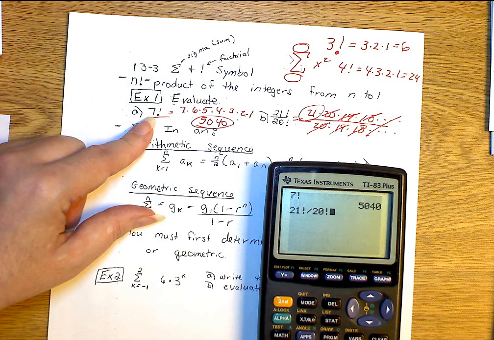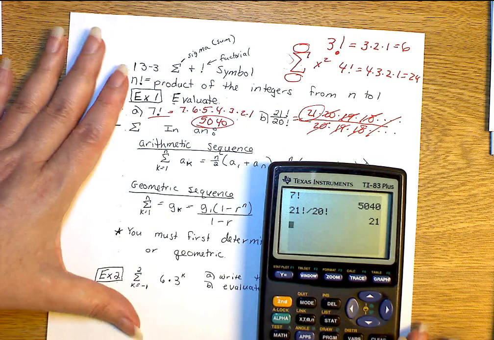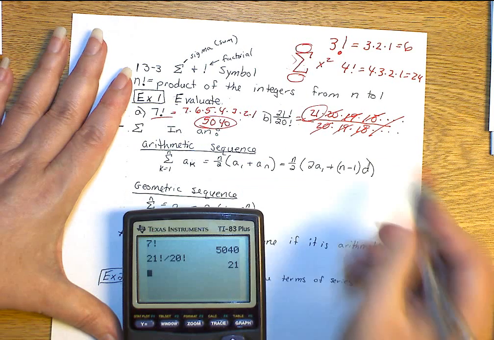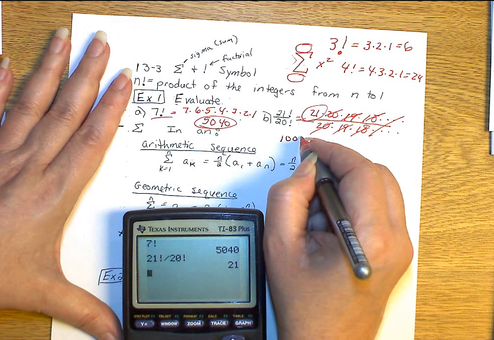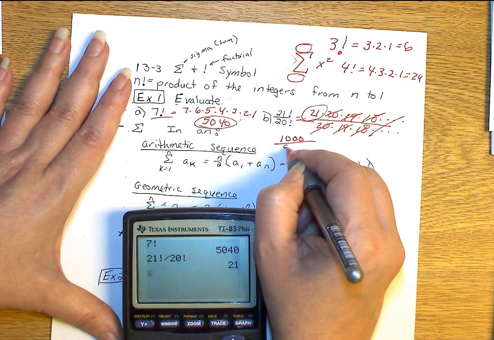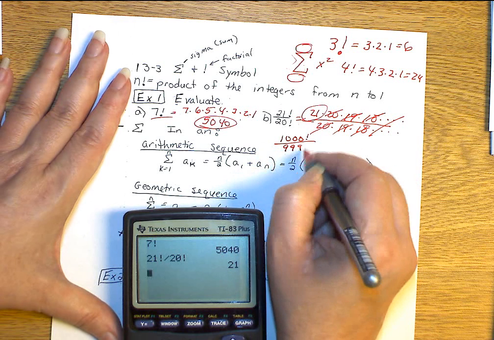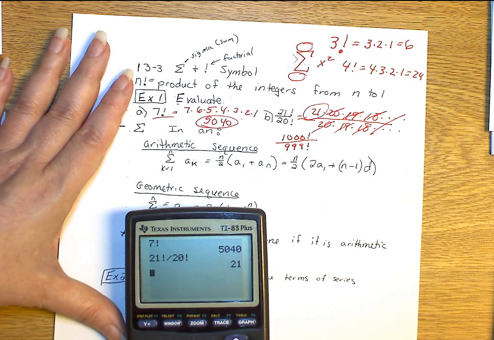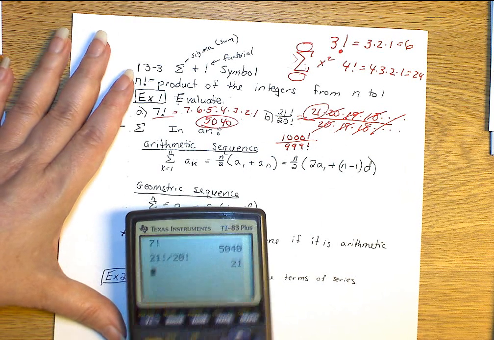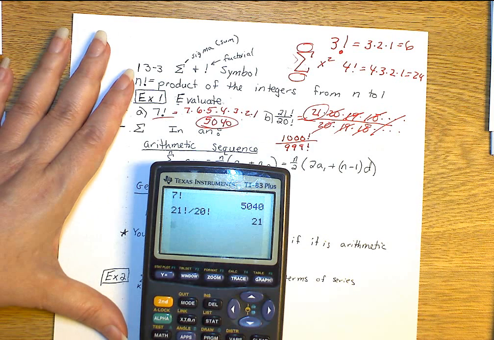It gives you 21. However, if I gave you a problem like 1,000 factorial over 999 factorial, what does that equal? 1,000. However, your calculator cannot do this.